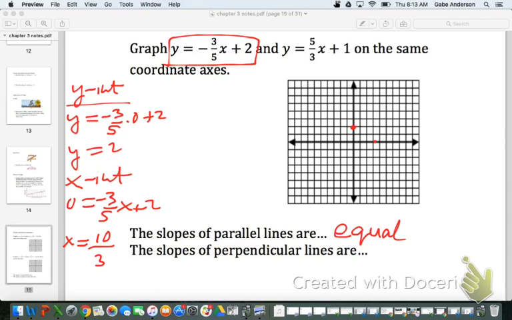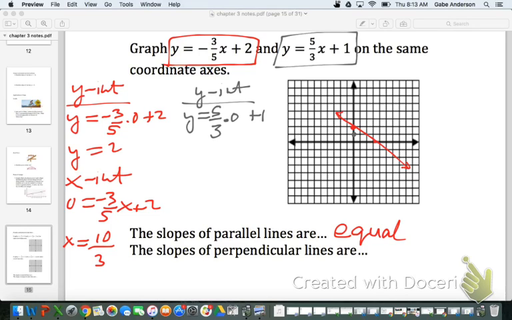For that first line, did you get something like this? Okay. For the other line, I'll do this in gray. The y-intercept is y equals 5/3 times 0 plus 1, so I'm getting a y-intercept of 1. Gray might not have been the best color.